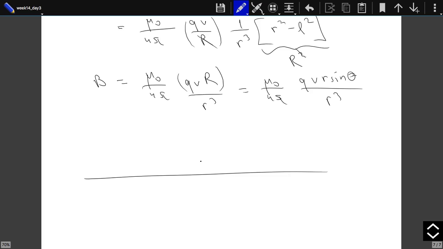So let me just redraw it here to see it a bit more clearly. This is my charge moving with a velocity v. This is the length L, R. This is the angle theta. So this is the vector v. This is the vector r.